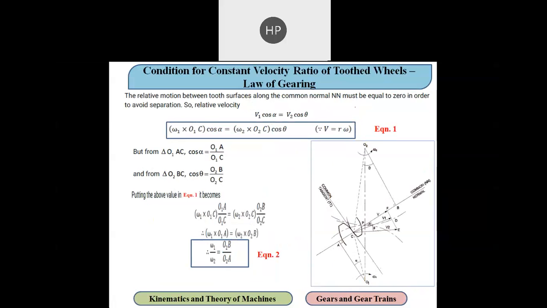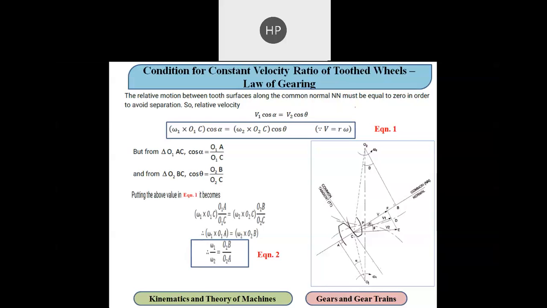The condition is that whenever the gears are rotating, the relative motion between those two gears should be 0. Then the two gears will remain in contact.